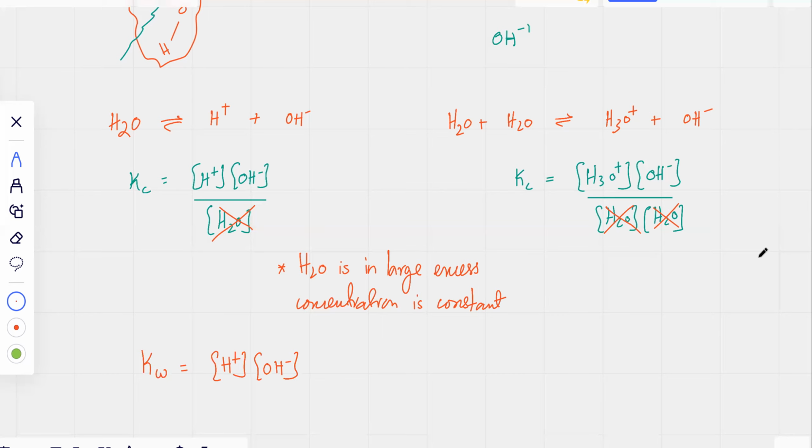Because it's a constant, you can also combine the two constants together. Instead of canceling this, we know that water is a constant, so I'm just going to pick it up from here and combine it with this constant. I'm just putting the constants together. And the same thing could be done with these two.